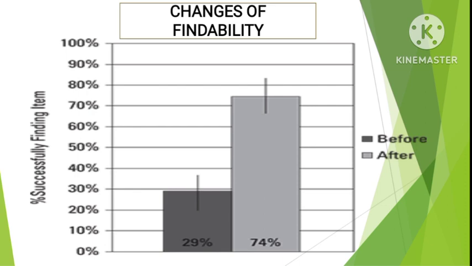After the changes, we can see a findability rate of 74%. Now it has a big change after we implemented the new changes to our website or to our navigation.